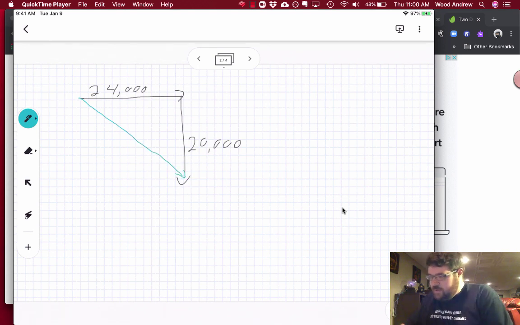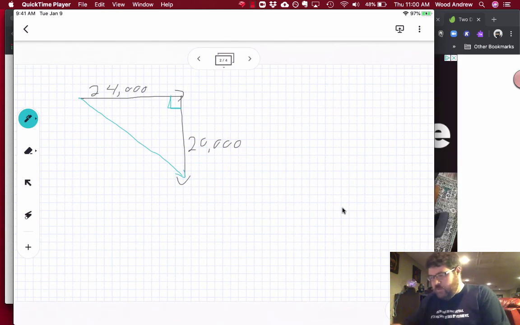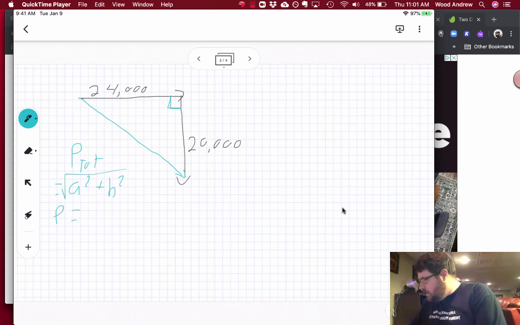We know this is a right triangle because south is 90 degrees from east, right? So a squared plus b squared is c squared, and so our total momentum would be the square root of a squared plus b squared. I get the momentum total to be 31,240 kilogram meters per second.